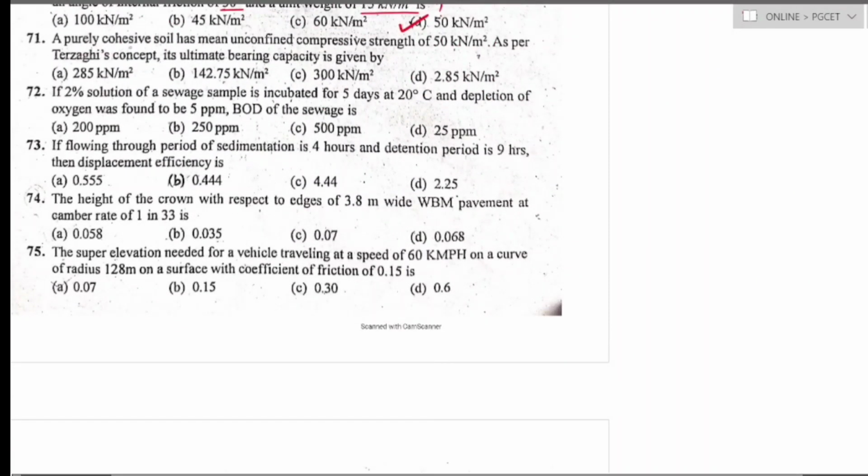Question number 71. A purely cohesive soil has a mean unconfined compressive strength of 50 kN per meter square. As per Terzaghi concept, its ultimate bearing capacity is given by.